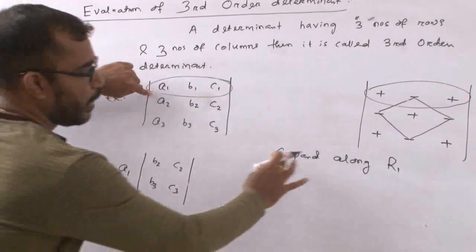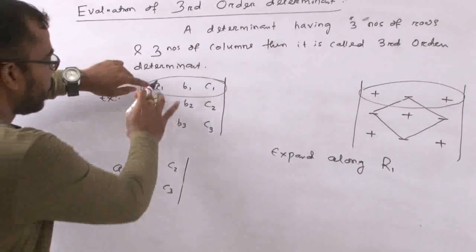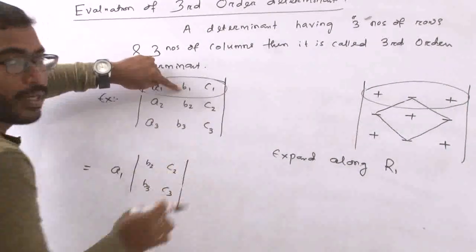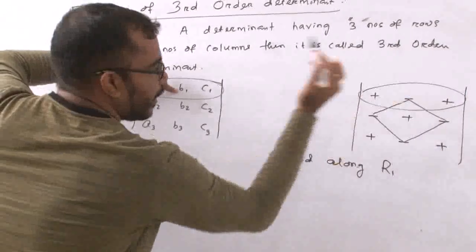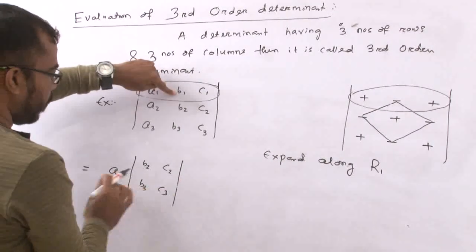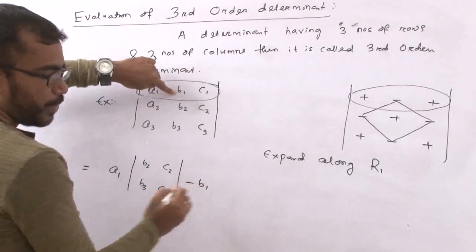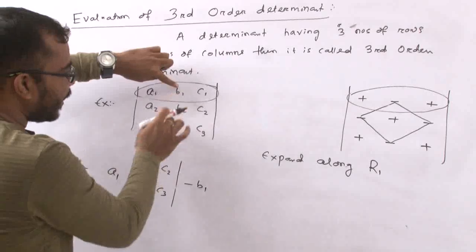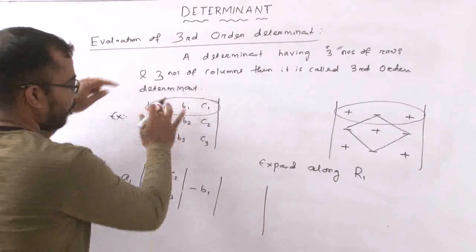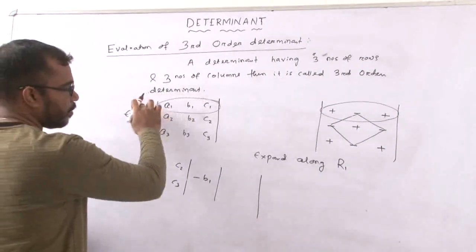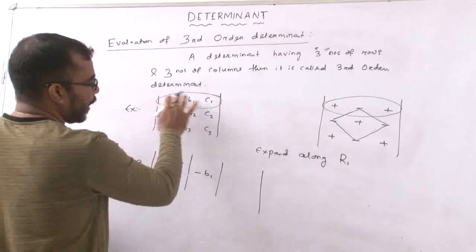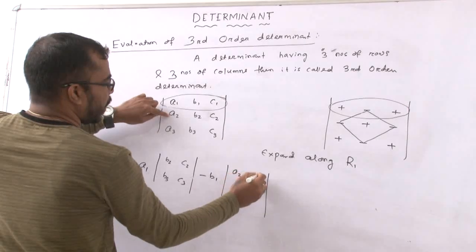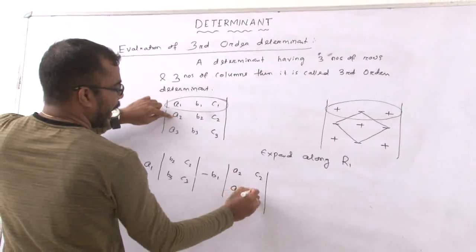Similarly, as we expand along R1, the first element is A1, then the second element is B1, and the sign of B1 is minus because the next sign is negative. So it is minus B1. If the row and column containing B1 are deleted, then we get A2 C2, A3 C3.